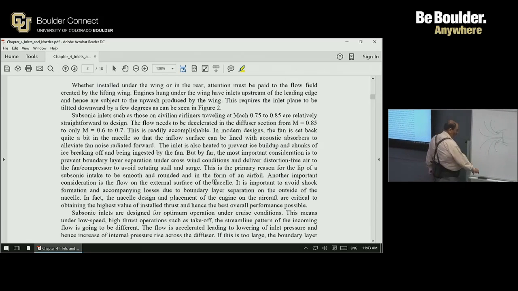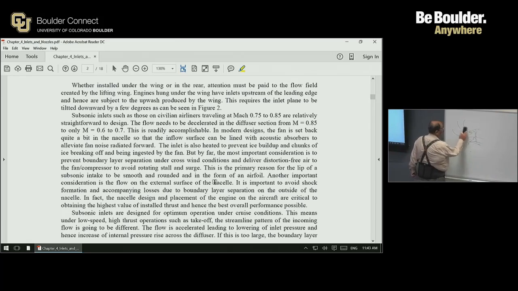Now, another one is takeoff under crosswind conditions. During takeoff, of course, we have air coming in, getting accelerated into the engine.